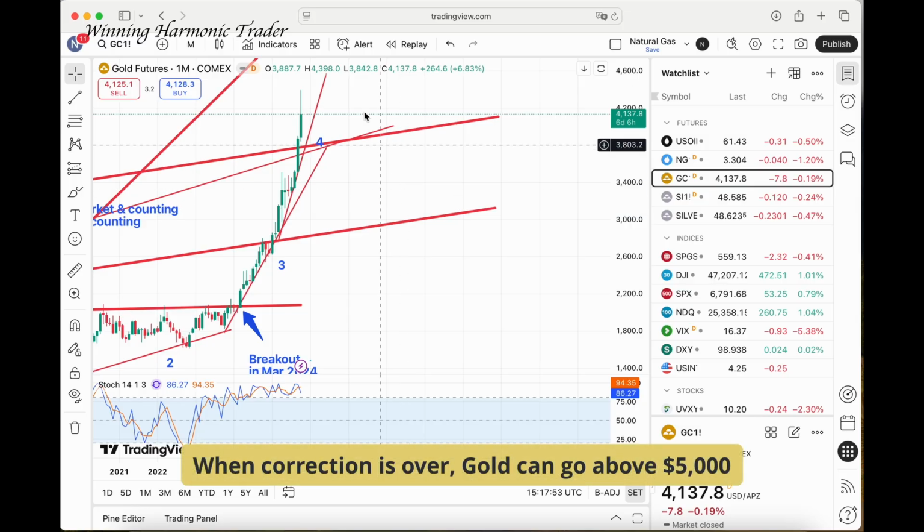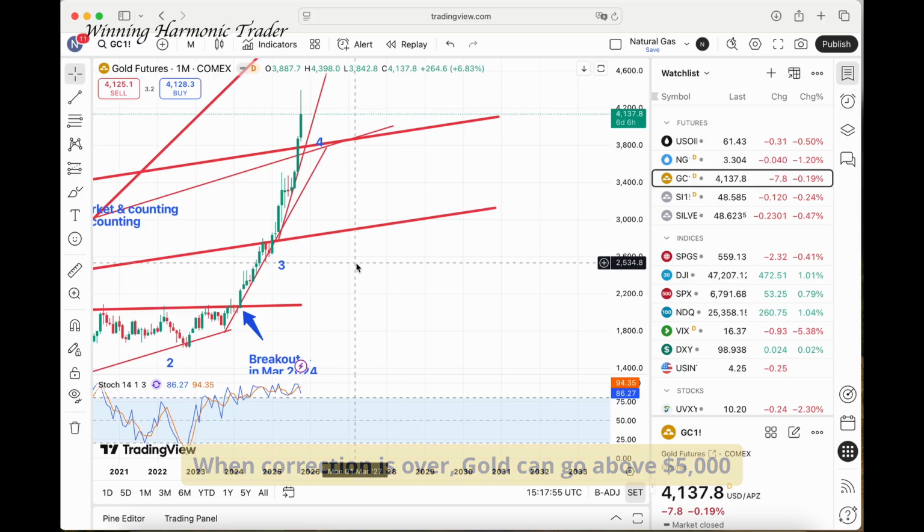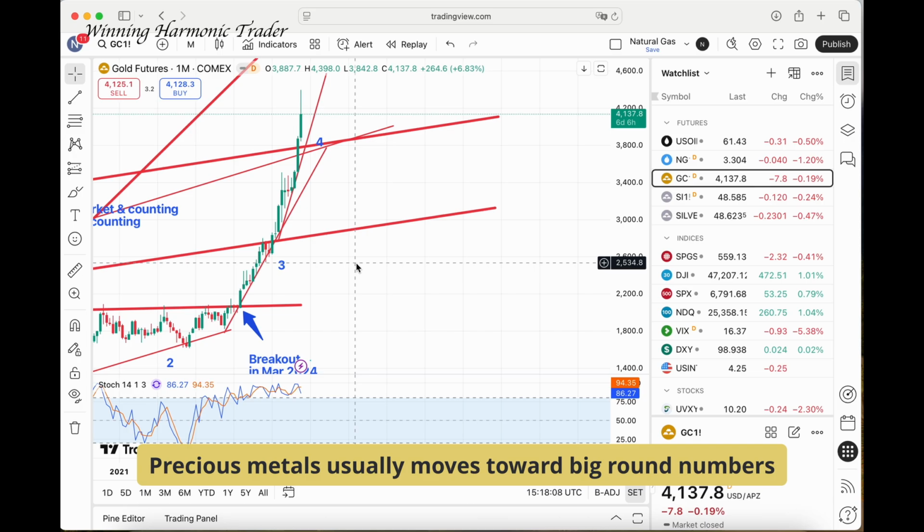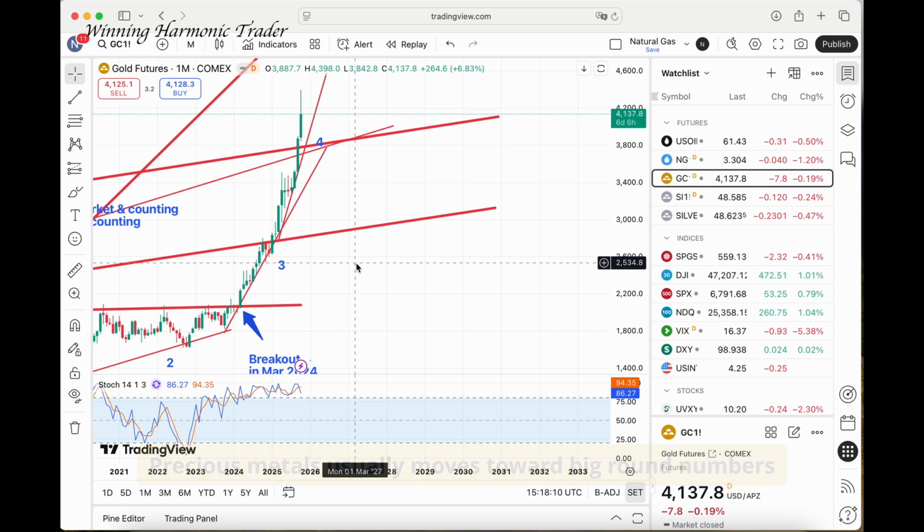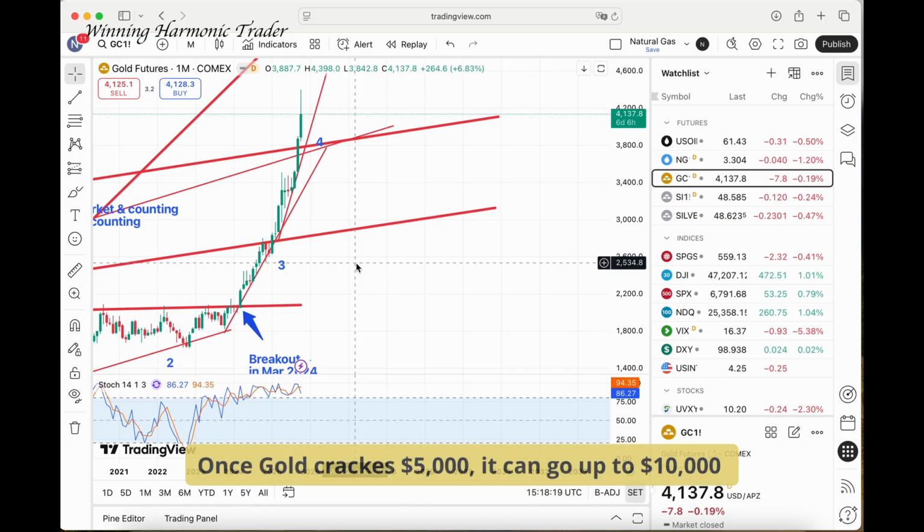I think that's a reasonable assumption. It may not come immediately, but eventually I think gold can easily pass 5,000. But these precious metal markets usually move toward big round numbers, right? When it passes 5,000, gold could go up to 10,000, right?